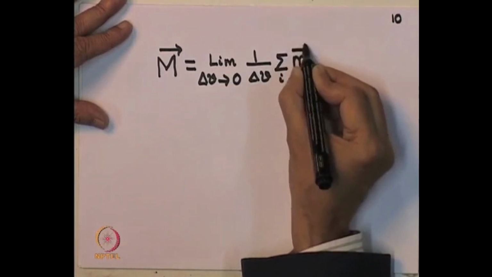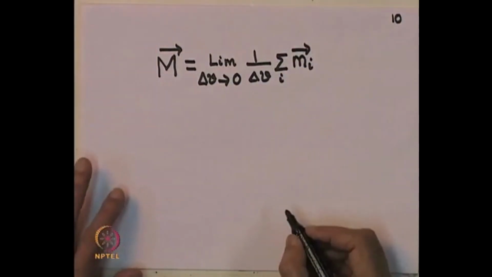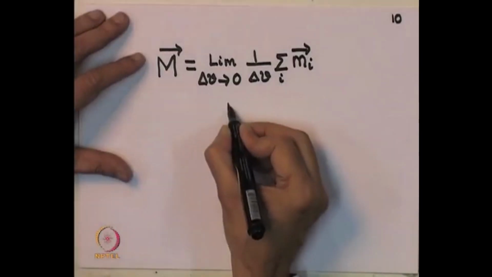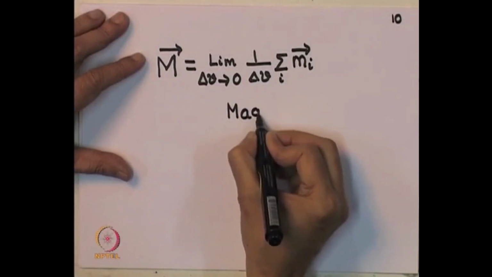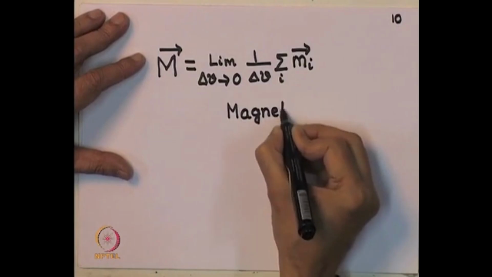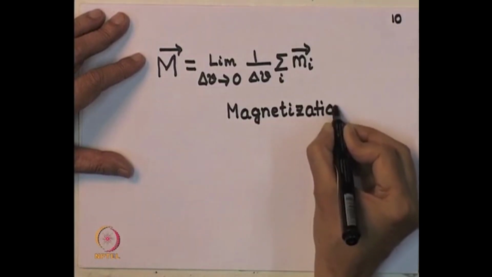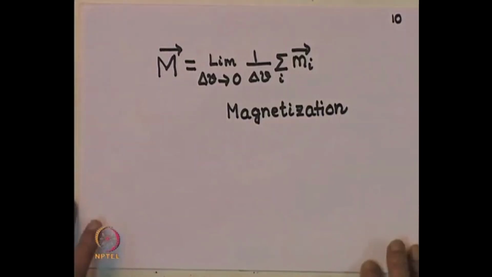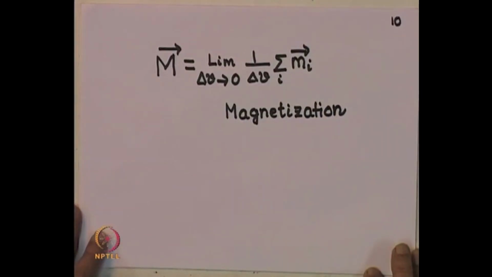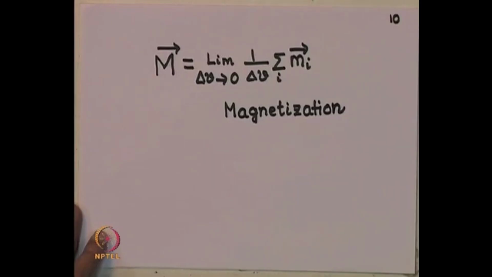So, this is simply the magnetic moment per unit volume, and this is given the name magnetization. This is analogous to what we talked about as polarization in our electrostatics lectures.